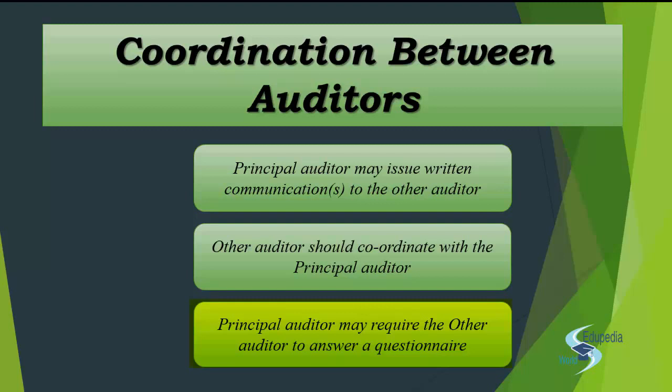Then you may go ahead with asking, okay, was there any exception that you noticed? What was it? If there was no exception, how do you conclude that everything was correct? How do you judge the existence, the accuracy, the completeness, these assertions, right? The questionnaire can contain a lot of things actually, because the principal auditor, if you remember, had already communicated to the other auditor the task that he wants him to perform, right?